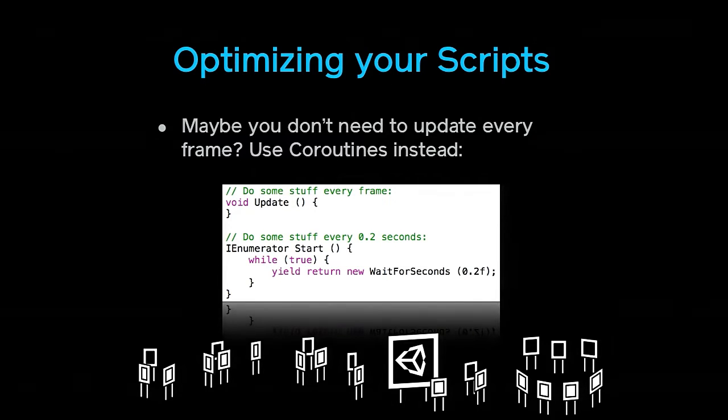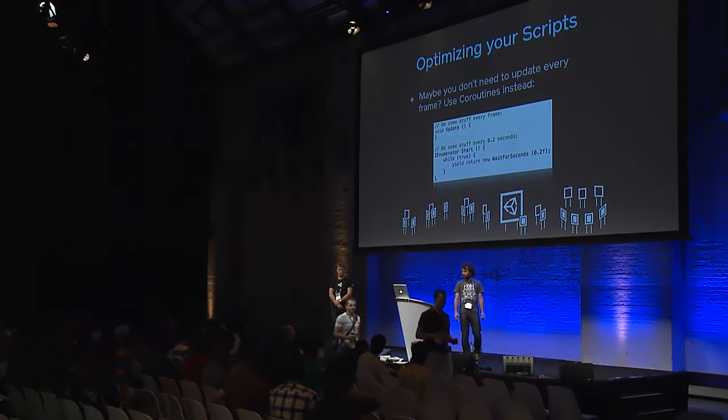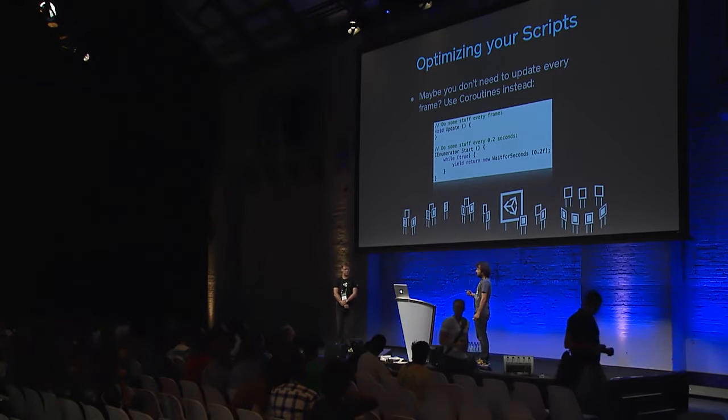Then in each loop iteration, you just call yield return, you wait for seconds with the time value. This makes the loop run every 0.2 seconds in this case. So you have your loop running at an iteration rate of 5 times per second. So if you have any logic which doesn't need to be updated at your game frame rate, you can spend much less time doing it by a simple construct like this.